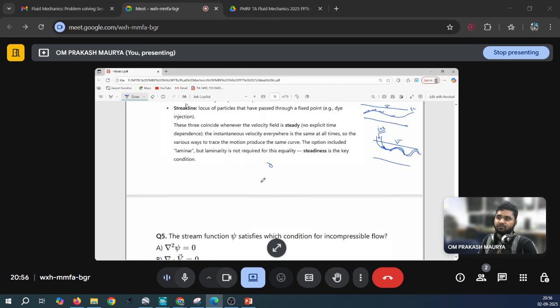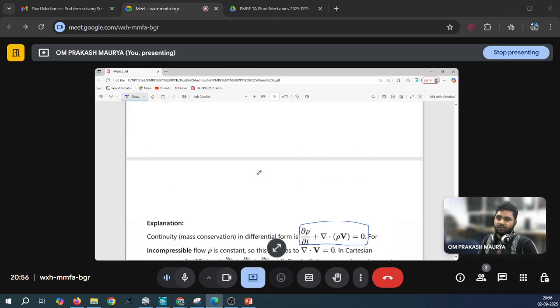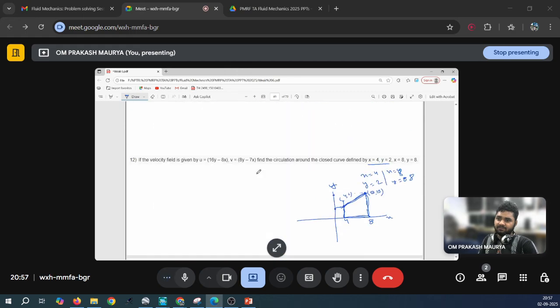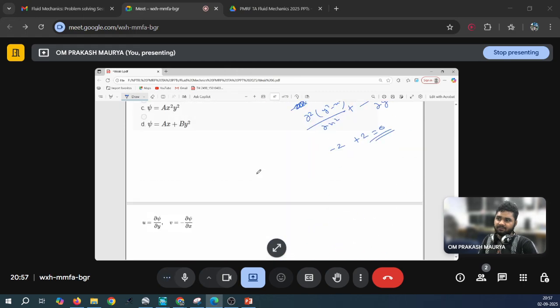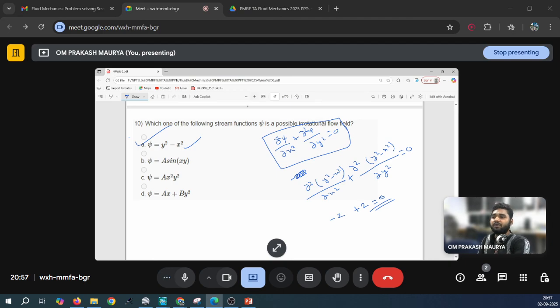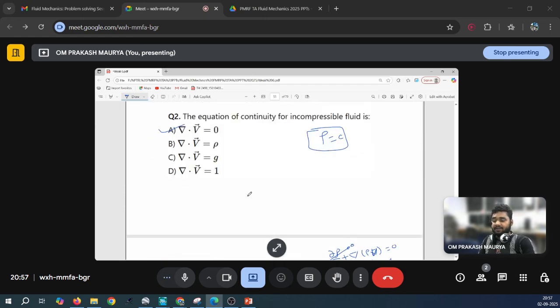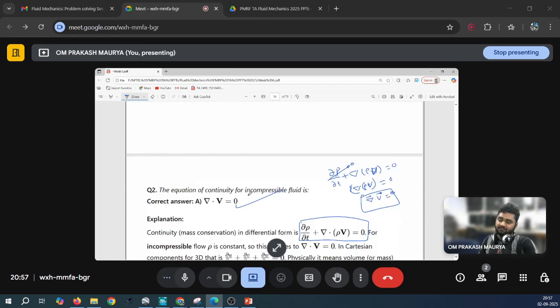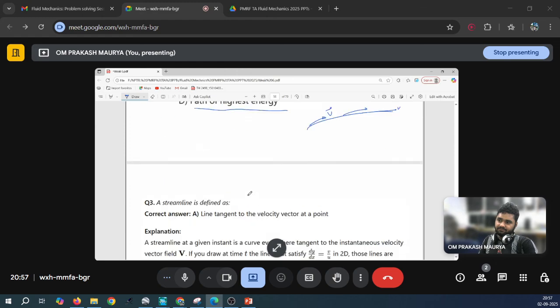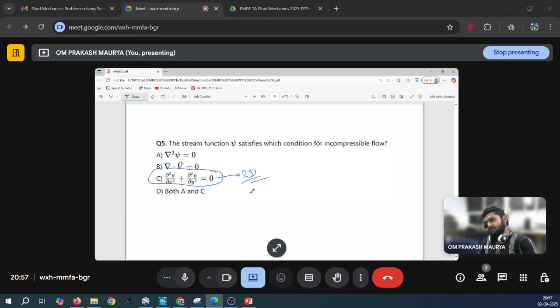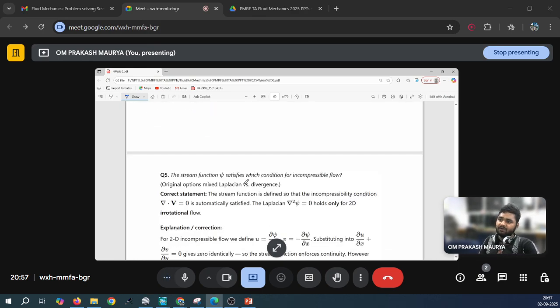The previous question was about discussing only 2D, here only 2D xy, so that's why this was correct. But here in general, the question is: the stream function satisfies which condition for incompressible flow?